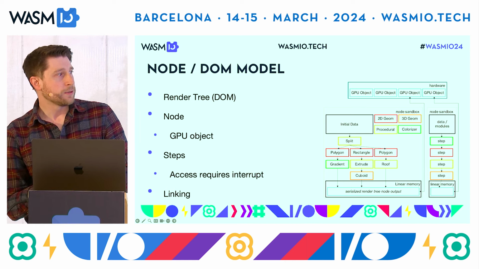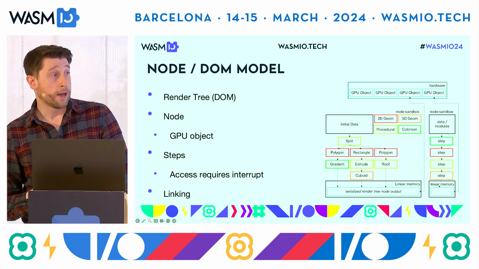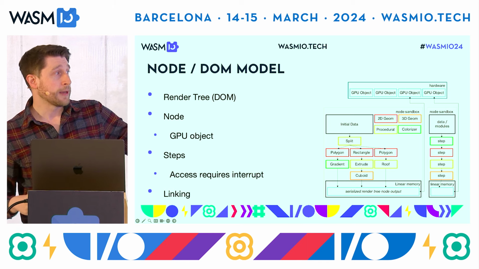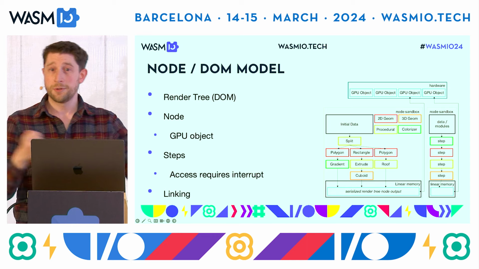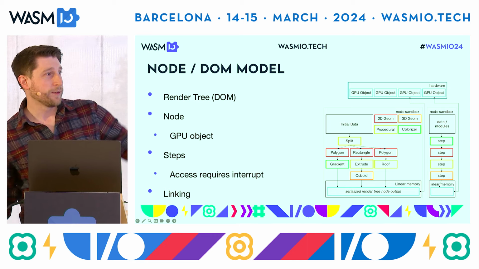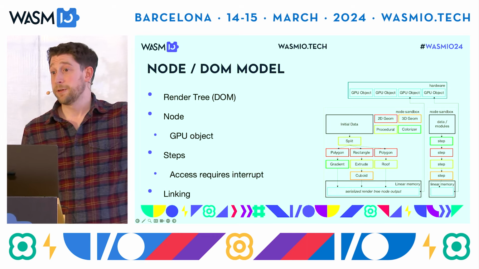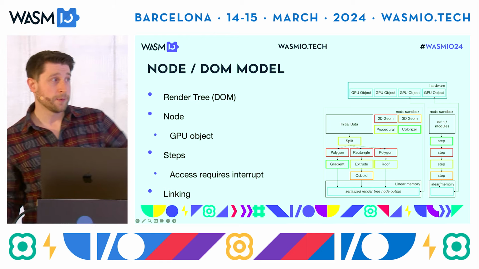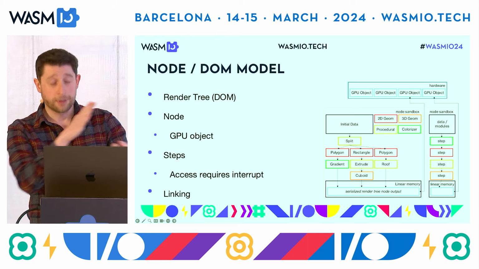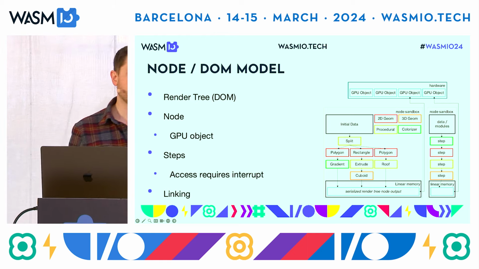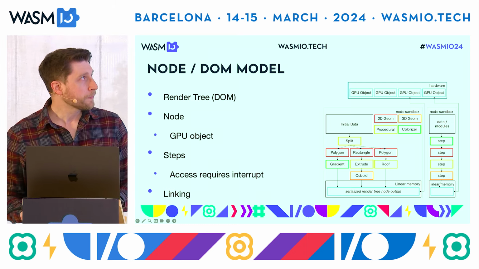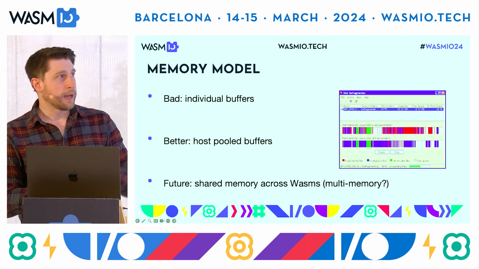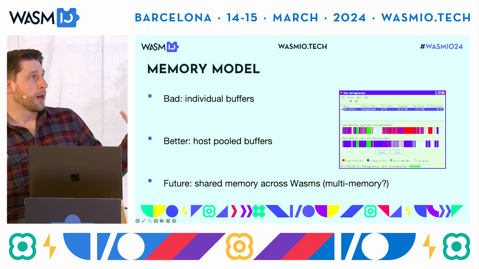We decided to take the former approach, because if you have to copy data out of WASM linear memory to the GPU for every single step, every geometry operation, every fill for pixels, that's very expensive. It causes you to interrupt the entire rendering pipeline just to copy these small bits of data. So we don't do that. Okay, so that is the overall memory model.